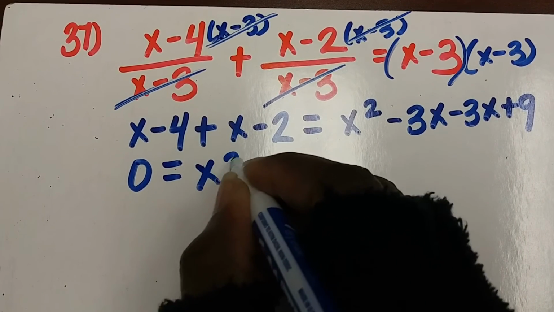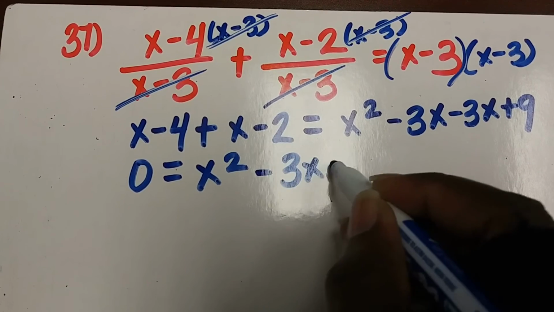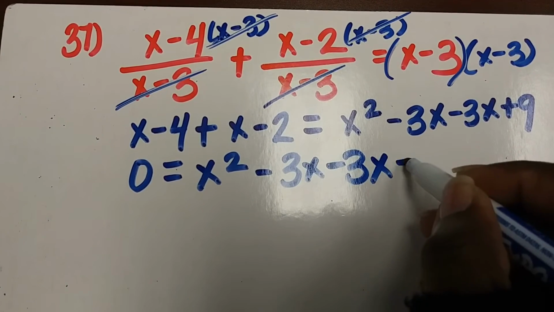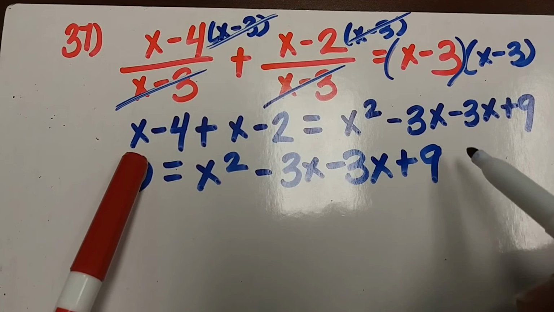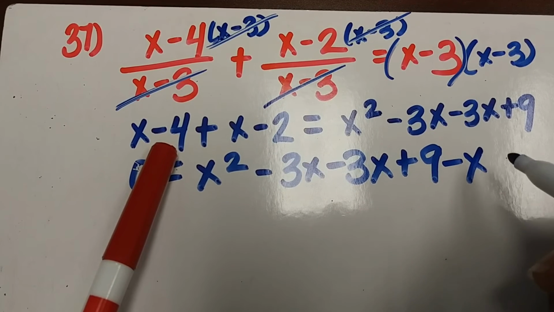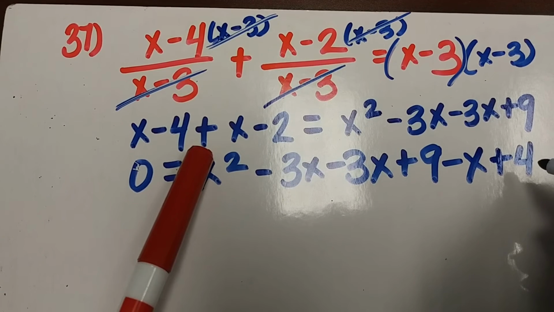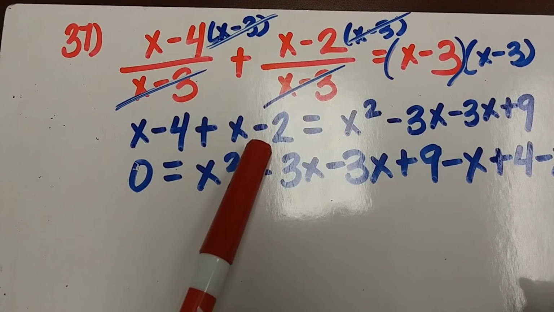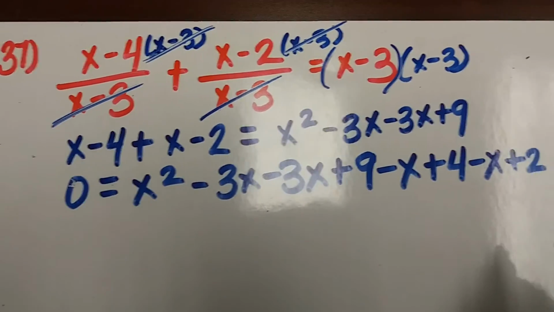I'm going to write down the x squared, the minus 3x plus 9. Now, I'm going to move x to the right so it becomes minus x. Minus 4 to the right becomes plus. The positive x to the right becomes minus x. And then the minus 2 to the right, so it becomes plus 2.